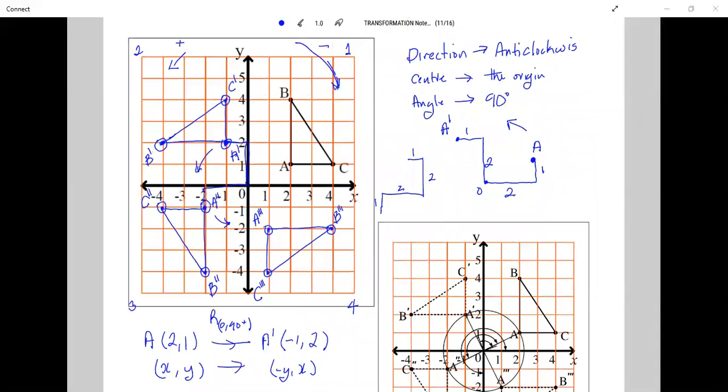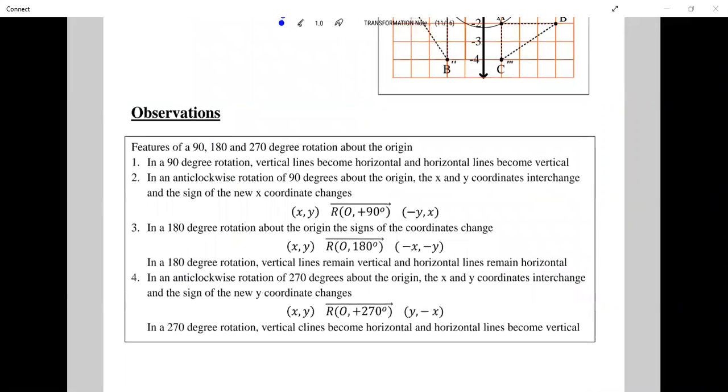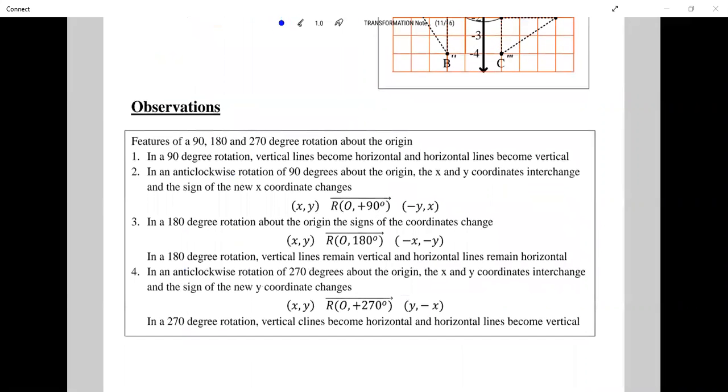Between the first and second diagram, AC was horizontal and A prime, C prime is vertical. So horizontal lines become vertical, and vertical lines like AB become horizontal. A prime, B prime is horizontal. So the first observation is that in a 90 degree rotation, vertical lines become horizontal and horizontal lines become vertical.